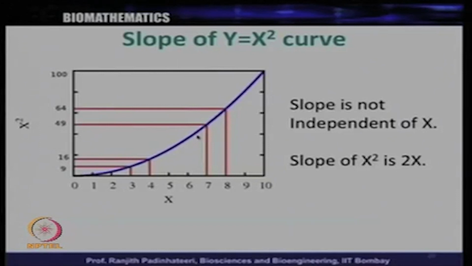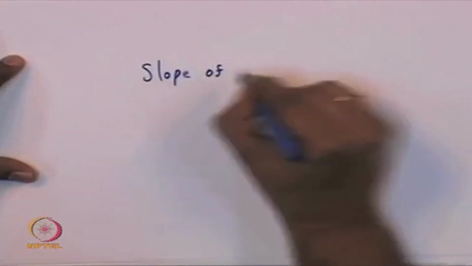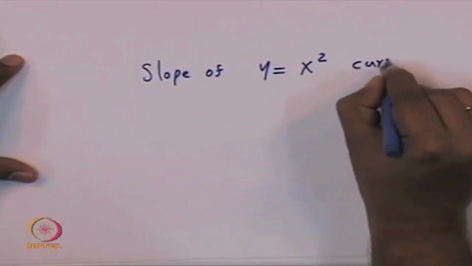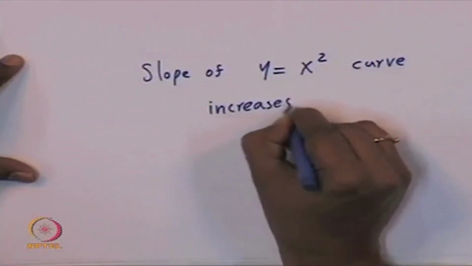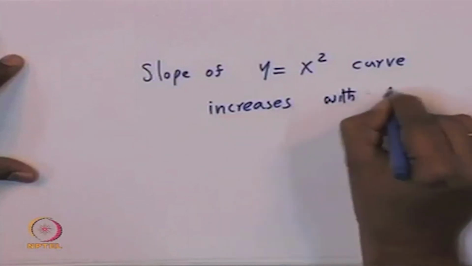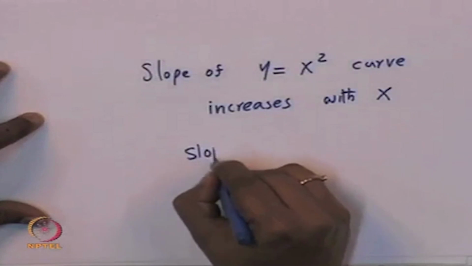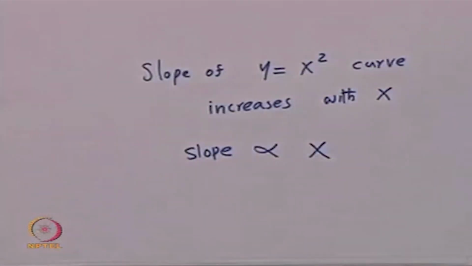This is something we learned just from drawing. We learn that the slope of the y equal to x square curve increases with x. In other words, slope is proportional to x. As x increases, the slope increases.